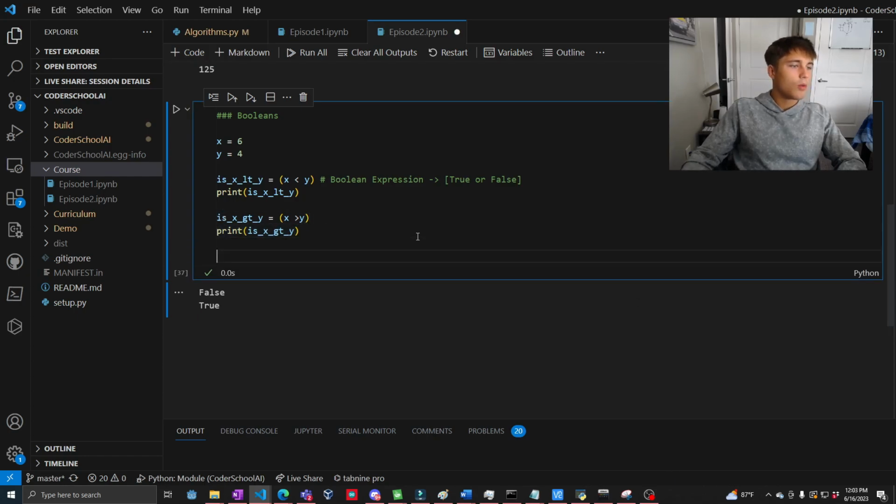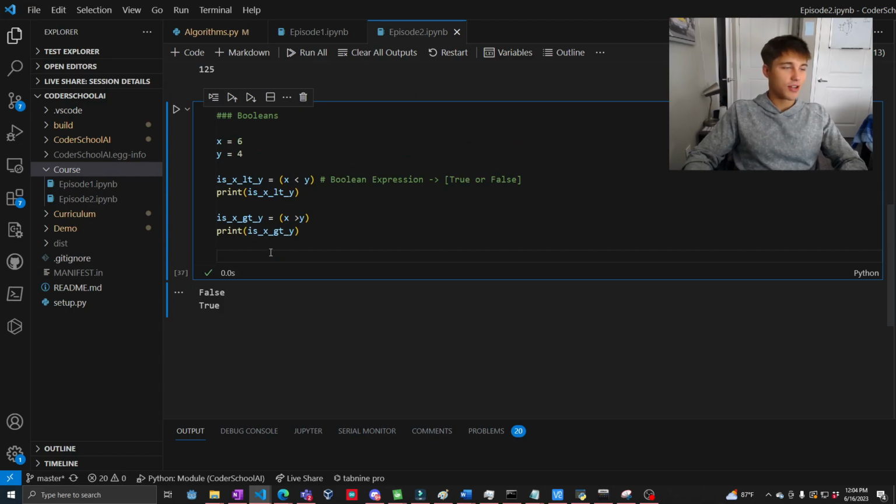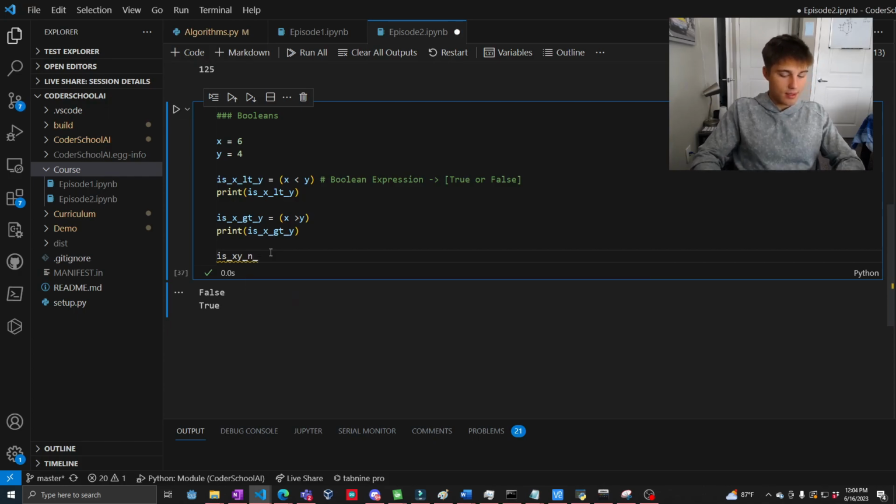Okay, well, why do I care? Let's come up with a third expression and then start using these for some cool little demonstrations. Okay, well, let's say, is x times y, is xy not 0? And that's going to be, well, just x times y not equal to 0.